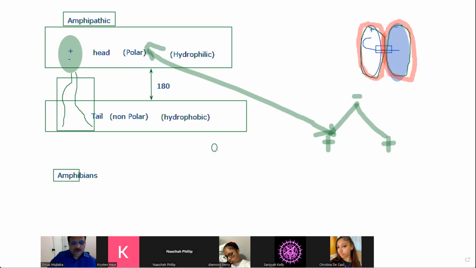Let's say, for the sake of understanding, that this is the plasma membrane. This is the cytoplasm. Here is the nucleus. Within the plasma membrane, the lipid molecules are present in two layers.